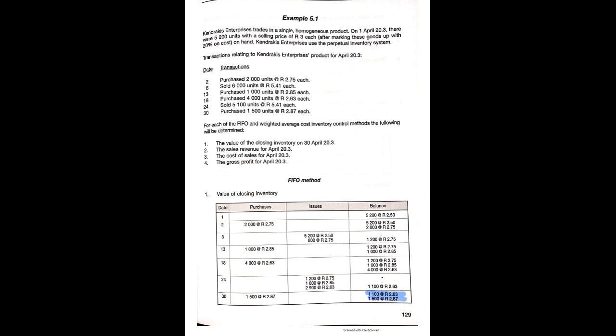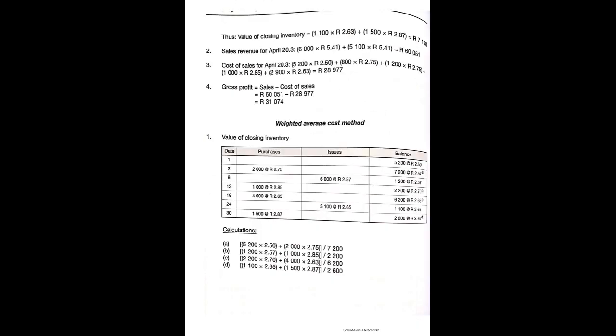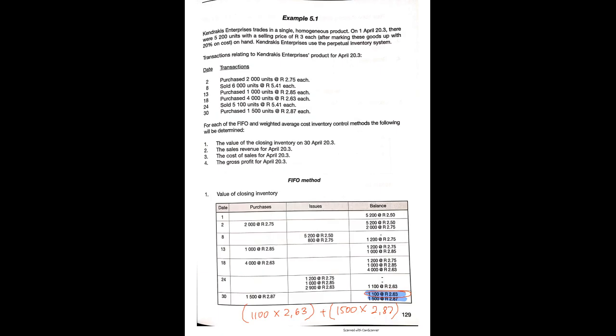It's basically the 1,100 units at 2 Rand 63, plus the 1,500 units at 2 Rand 87 that remain. So the answer, which is on the next page, is 7,198. So this is the value of your closing inventory.